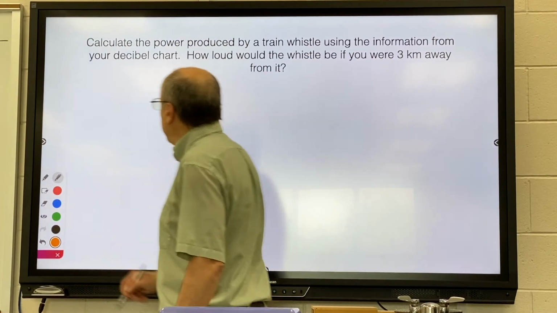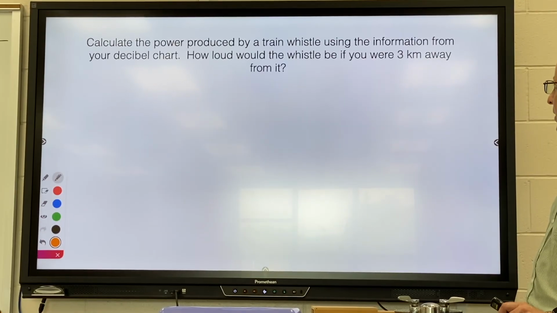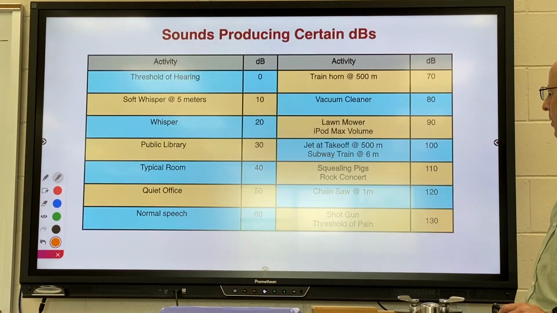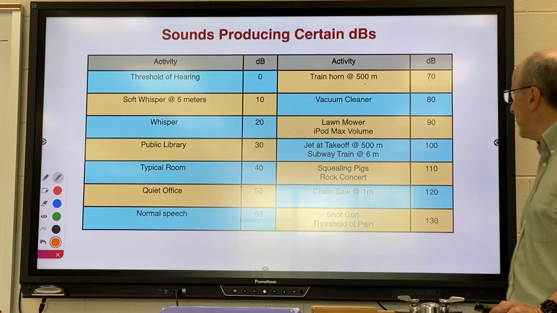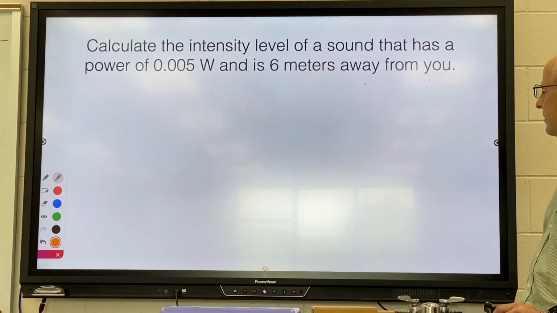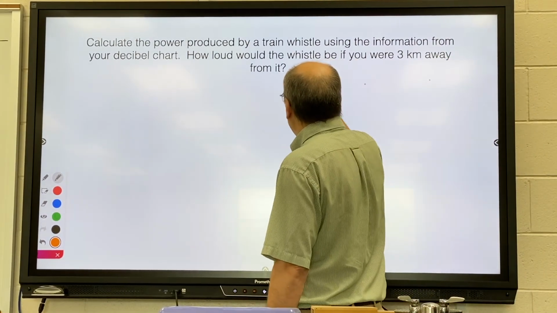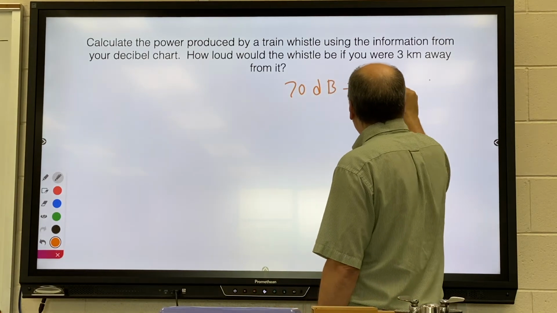I also want to make sure that you can work backwards. It says calculate the power of a train whistle using the information from your decibel chart. So we're going to go back to the decibel chart. We find the train horn at 500 meters is 70 decibels. So 70 decibels is equal to 7 bells.